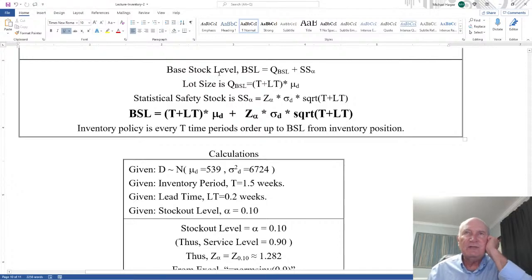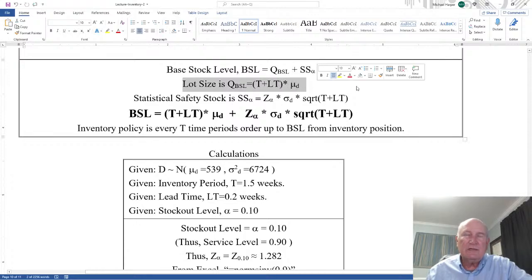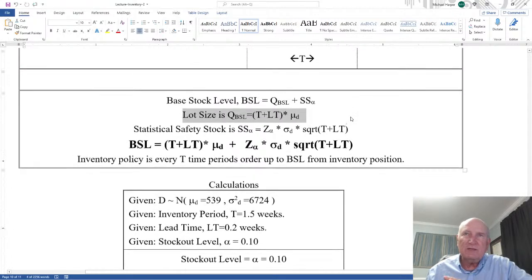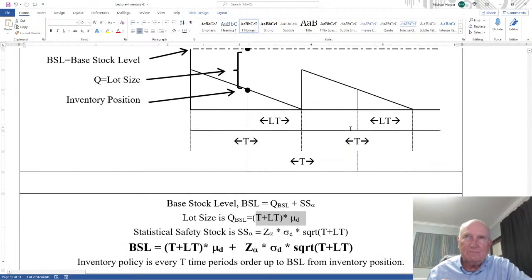So the base stock level is made up of the lot size plus the statistical safety stock. And here's where the interpretation of a base stock level periodic review system comes in. The lot size is going to be T, your inventory period, plus the lead time, times the mean. That's how much you're accounting for. So let's back up. Where does that come from?